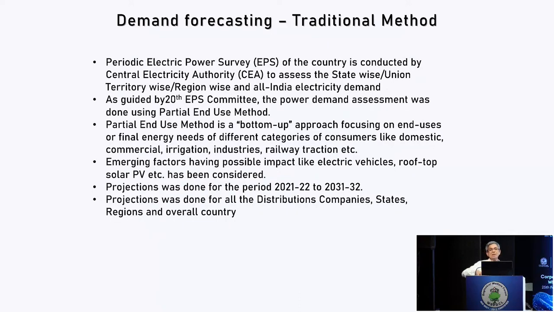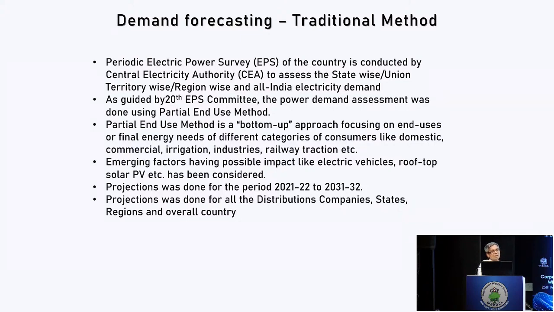So traditionally we do the demand forecasting with growth in sales in different tariff categories. Tariff categories means there is domestic, commercial, industrial, agricultural, street light, etc. These are the defined categories.